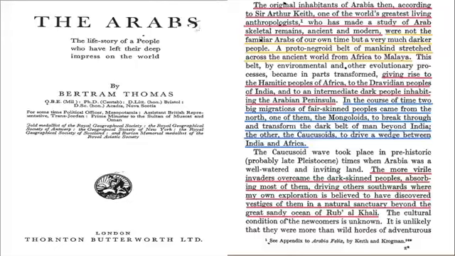A proto-Negroid belt of mankind stretched across the ancient world from Africa to Malay, giving rise to the Hamitic peoples of Africa, to the Dravidian peoples of India, and to the intermediate dark people inhabiting the Arabian Peninsula.